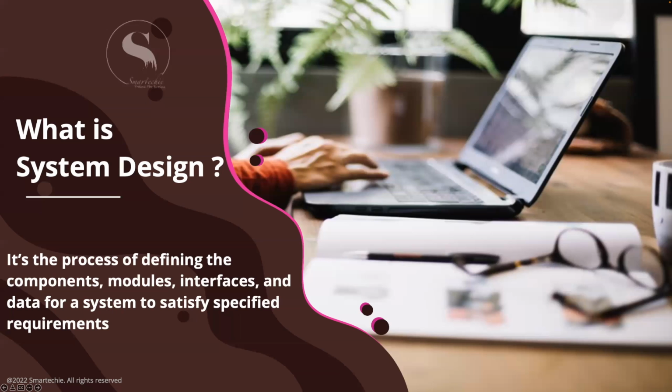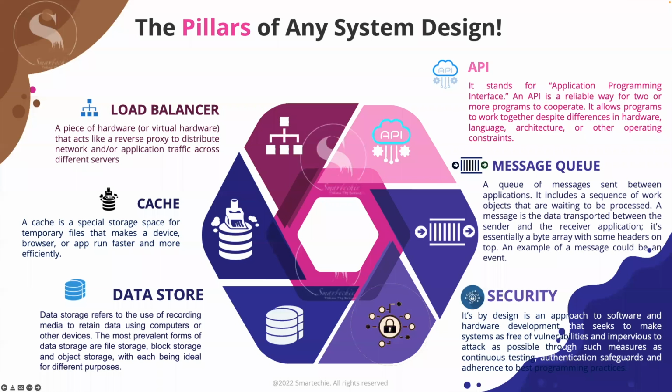To build any large-scale system, it needs a very well-thought-out design and architecture. Every system design consists of very fundamental core components. I call those the pillars of system design. Without those, no system can be established. So here are the pillars of any system design.